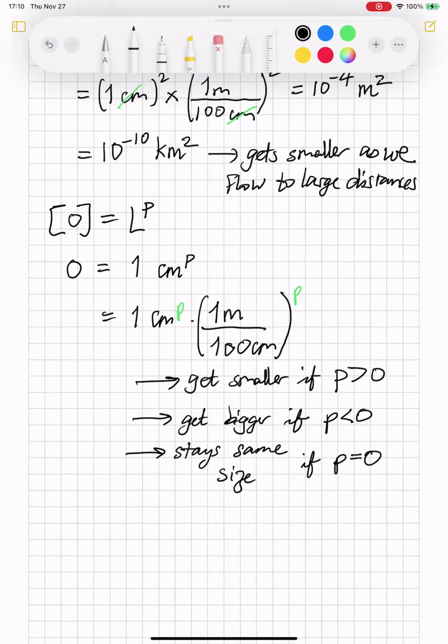But if I've flowed with this atomic theory and gotten to the scale of everyday life, well, then I want to know the quantities in terms of meters squared, because those are the units that I understand that affect me in my everyday life. So that's why we're changing the units.